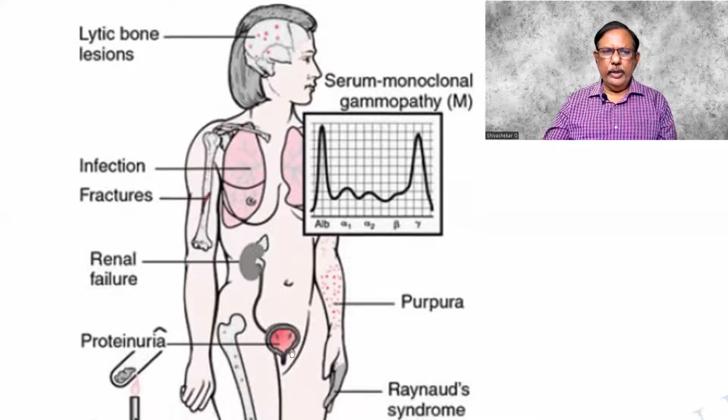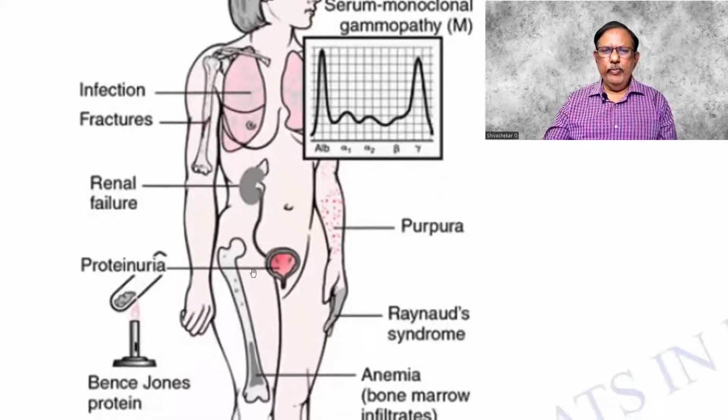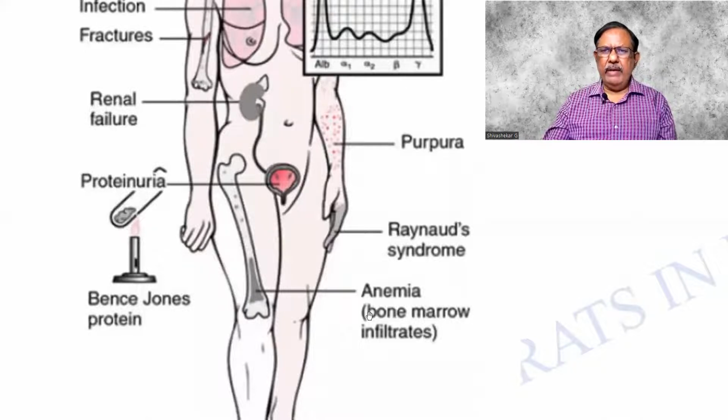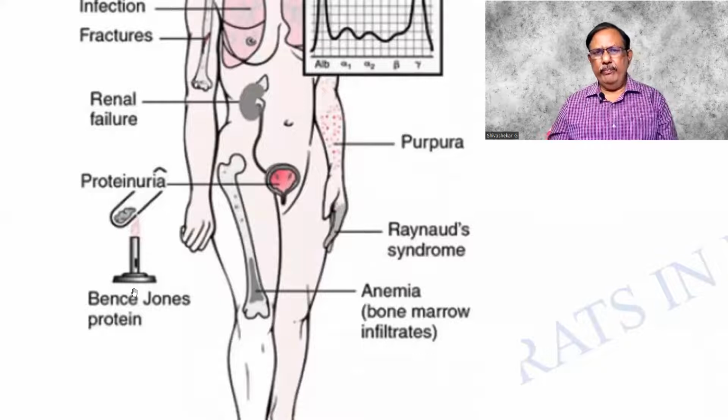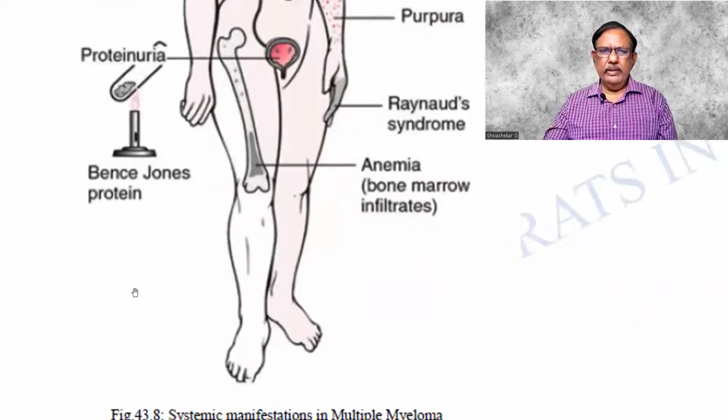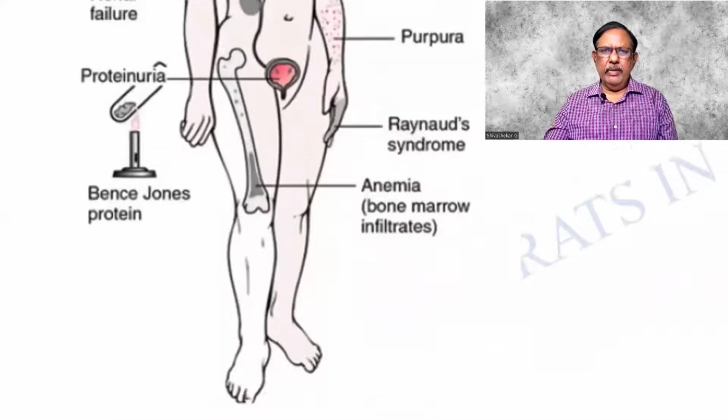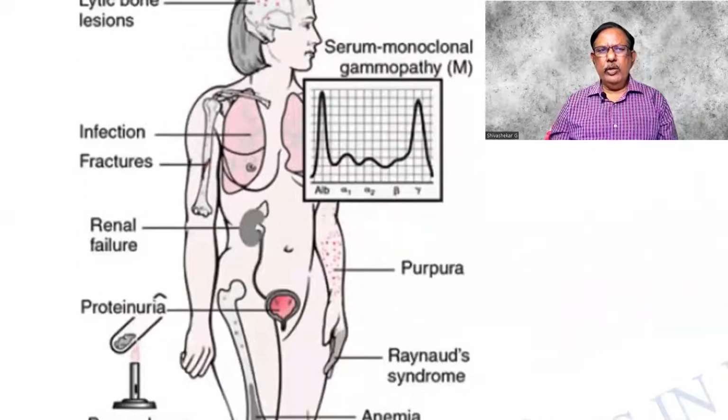There can be a proteinuria, renal failure, obviously. And patient can be having anemia because of the infiltration, urine Bence-Jones protein. So these are important things. I think this diagram will summarize, but these alone are not sufficient. I would like you people to have a professional description of the bone marrow myeloma cell.